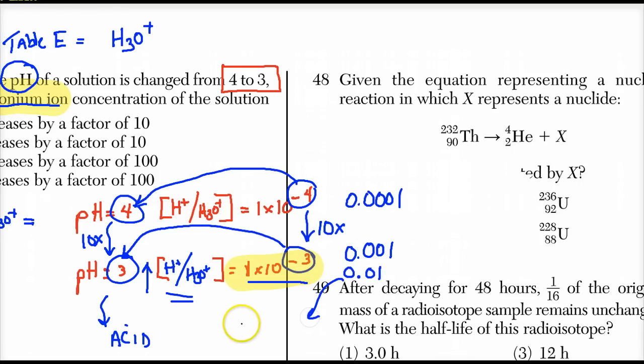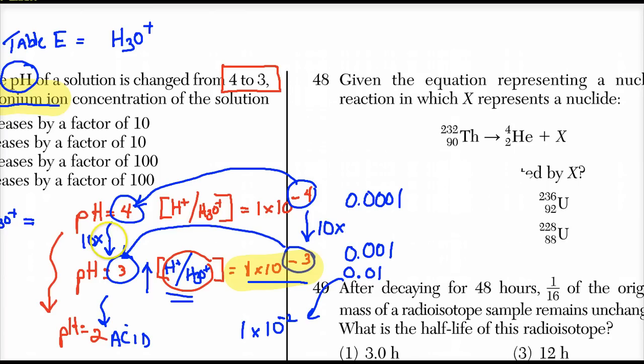That would be a concentration of 1 times 10 to the negative 2, and the pH, if you haven't guessed it, would be a pH of, that's right, 2. So as my pH drops, this number that represents the concentration in molarity gets bigger, but it gets bigger by an exponent, which is a base 10.